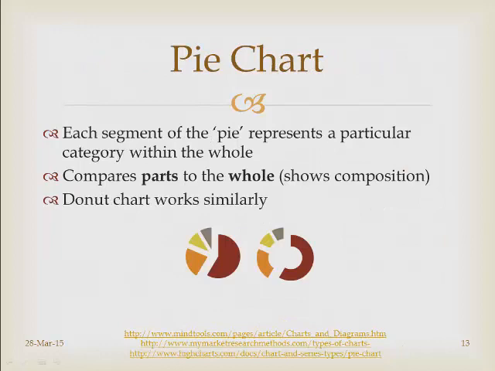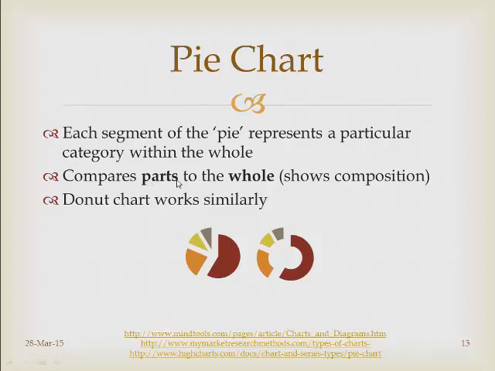Now what about a pie chart? A pie chart looks like a pie where each segment represents a particular category within the whole. For example, let's talk about races in our class. You want to compare how many Malays, how many Chinese, how many Indians, according to category, in this whole class.